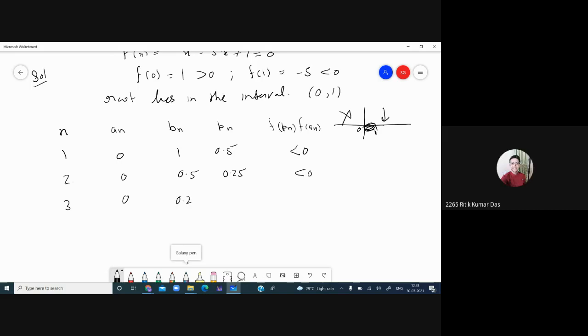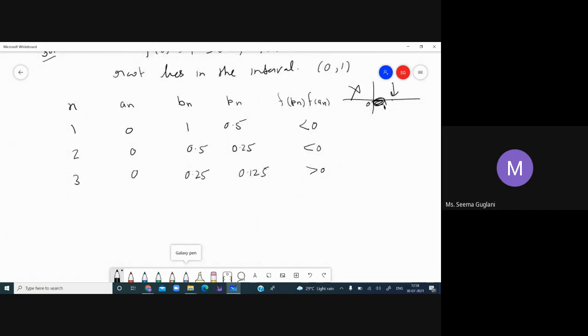Next midpoint 0.125 comes out to be the same sign, so now the interval will change. My next iteration will go from 0.125 to 0.25. Clear?